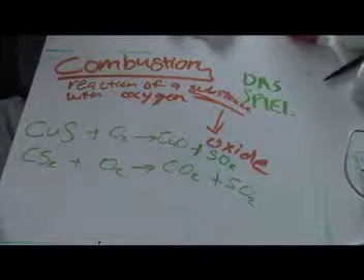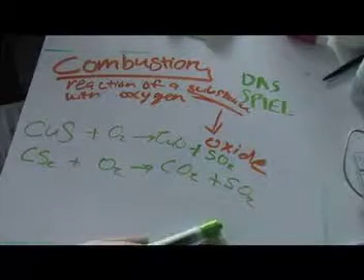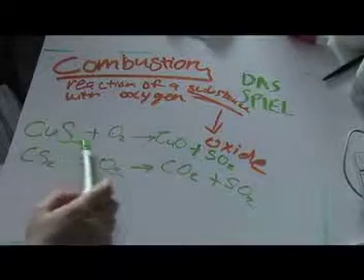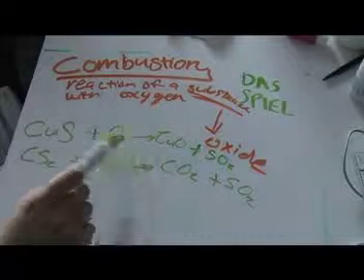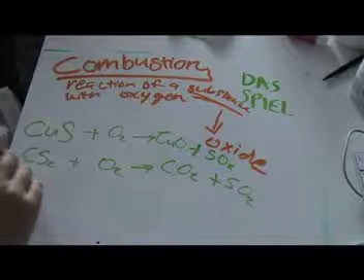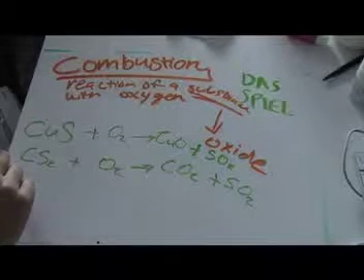So, as you see, I've written out some combustion reactions. This is the combustion of copper sulfide, and this is the combustion of carbon sulfide. I think that's how you say it.